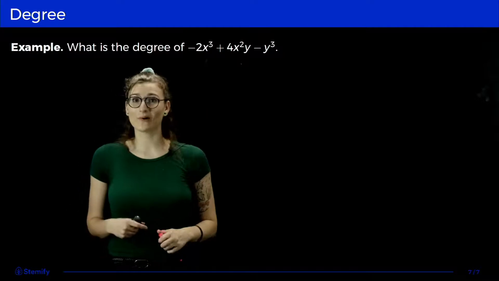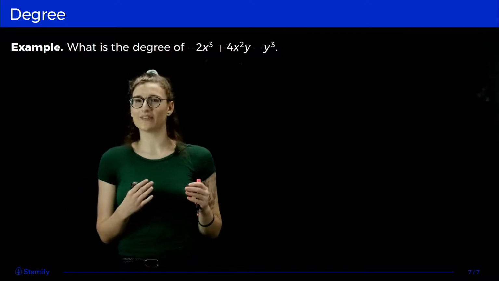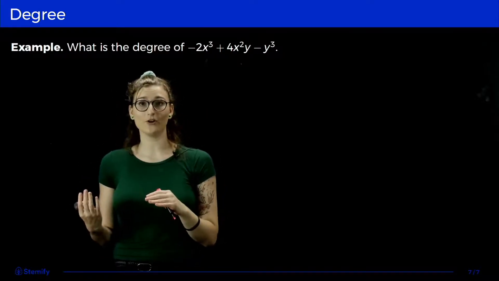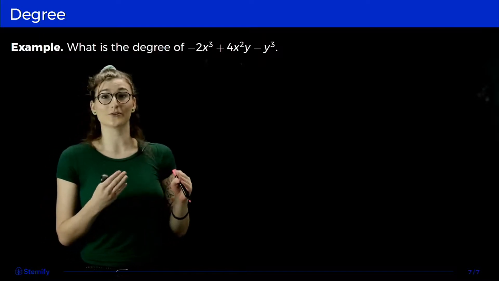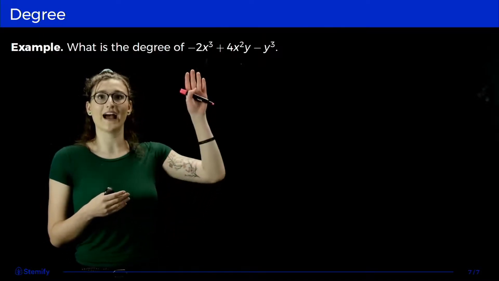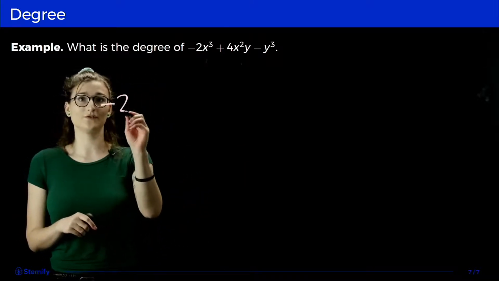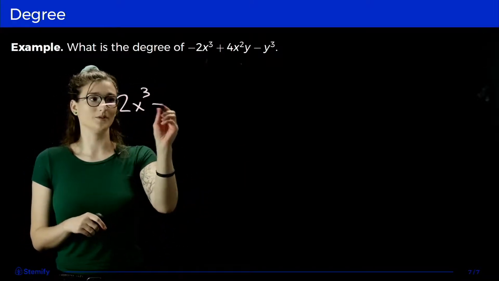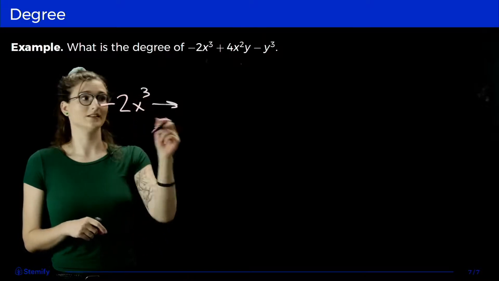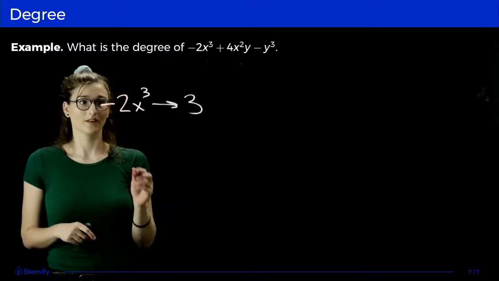Now we have one more example here. So let's do the same thing that we did for that previous polynomial and determine the degree of this polynomial by looking at each of the monomials individually. So we have negative 2x cubed. The degree of this is just going to be 3.